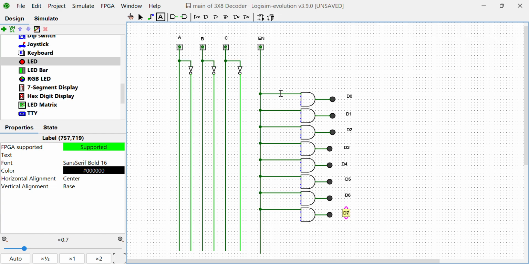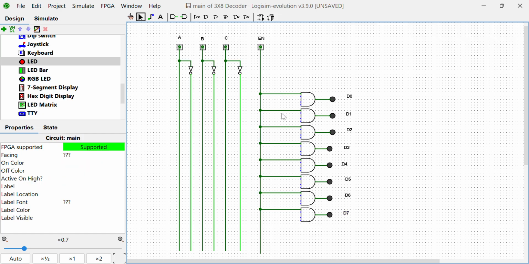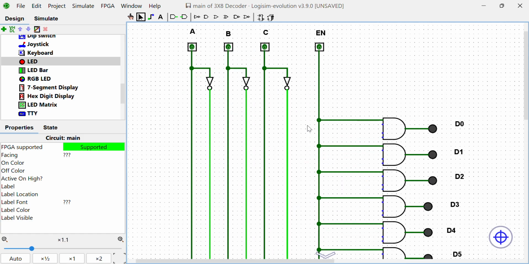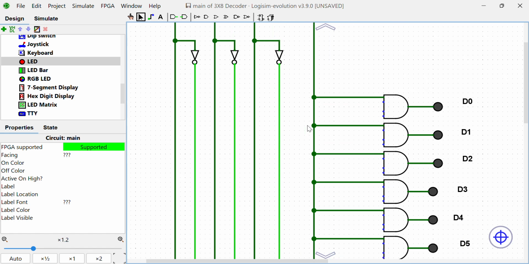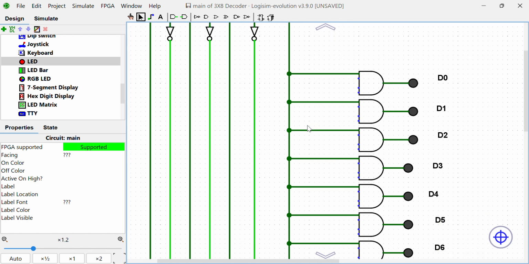Okay, so now let's connect the other three things to the input line. So we are going to use the truth table for it. So with the D0, we have 0, 0, 0 for the inputs. So connect it to it, 0, 0, 0.